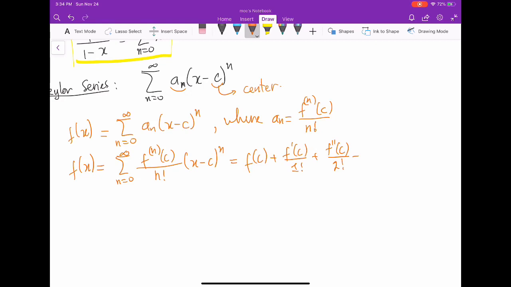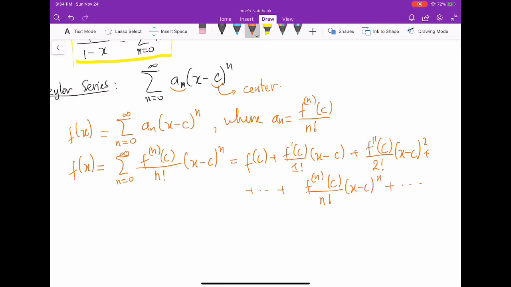Plus, I think I mixed the terms here. It should be this guy times (x minus c), plus the second derivative at c over 2 factorial times (x minus c) squared, plus so on, plus the nth derivative at c over n factorial times (x minus c) to the n, plus so on.